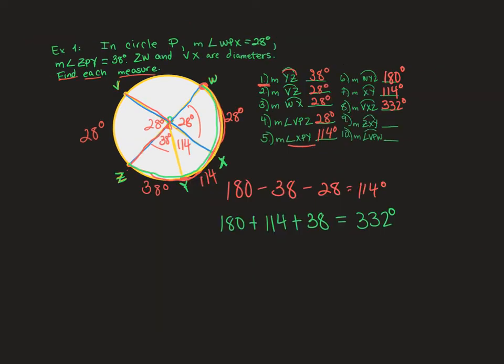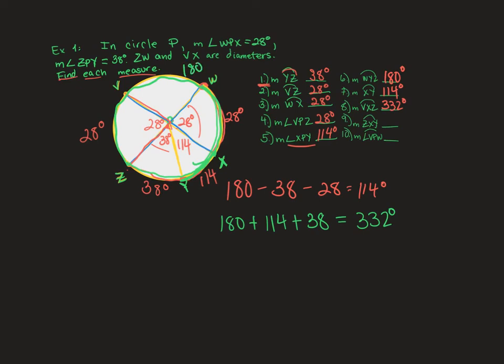Measure of arc ZXY. So Z to X and Y. Z to W is 180, we know that.